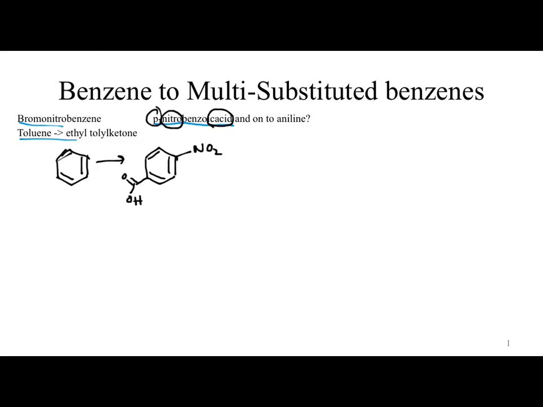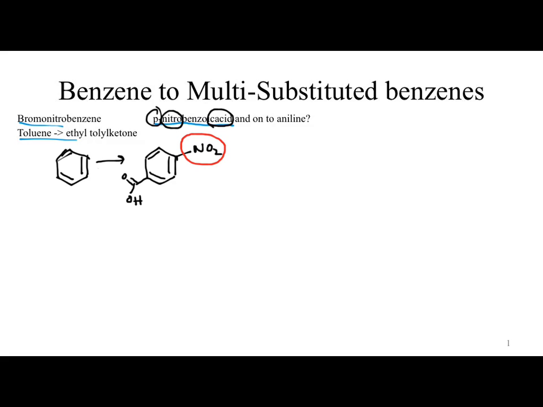I actually haven't shown you how to put that one on. That one's actually tricky. The C element of the triple bond with oxygen. I haven't shown you how to do that one either. Yeah, we'll talk about that too in a second. The nitro is the primary one that we've talked about on how to put on there.